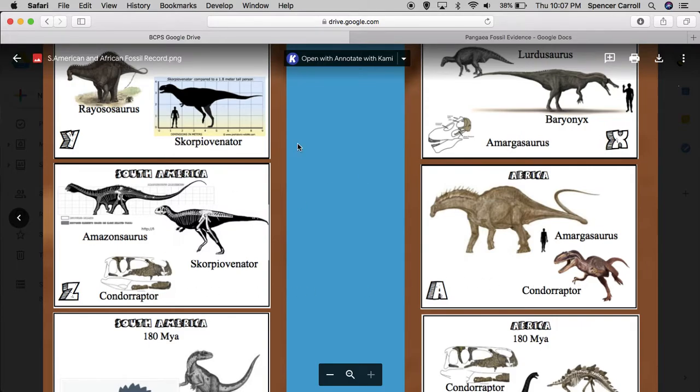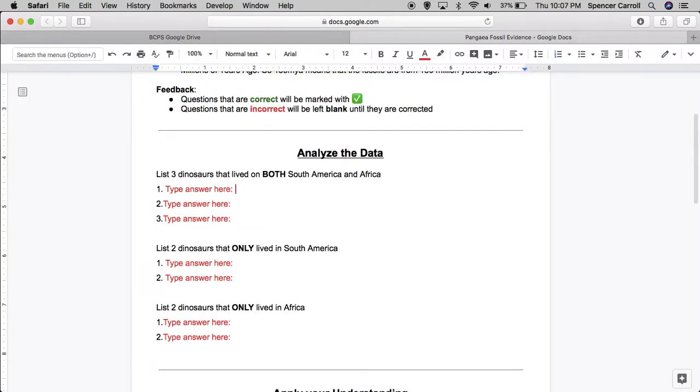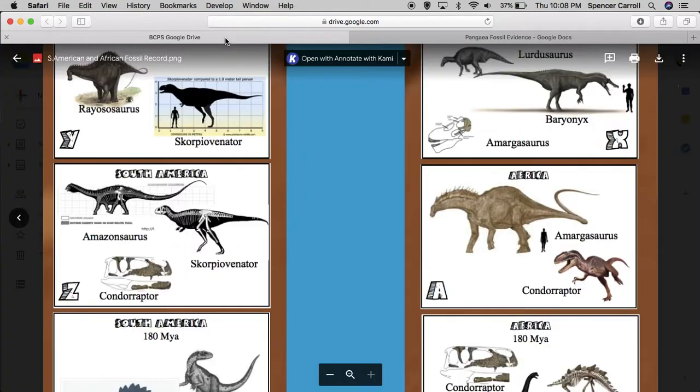So if I'd like to, I could write that the Condoraptor. I think I misspelled that. Sure did, 2 R's. Condoraptor lived in both South America and Africa. Now I could do the same thing, but look for only 2 dinosaurs that only lived in South America.